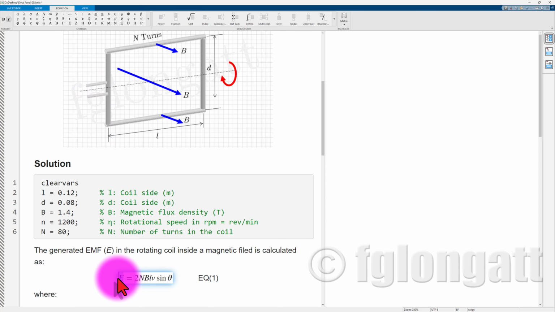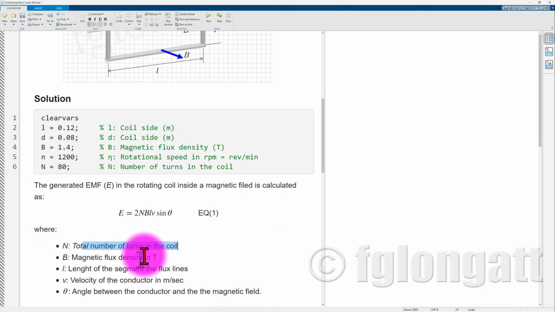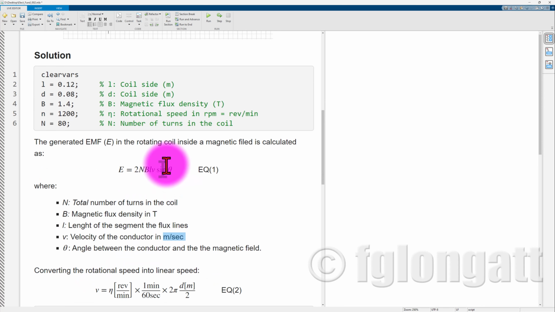This induced voltage depends on twice the number of turns of the coil, the magnetic flux density in Tesla, the length of the conductor segment cutting the flux lines, the velocity of the conductor, but be aware because it's in meters per second, and finally this angle theta that represents the angle between the conductor and the magnetic field. So now we know the equation that we should use.